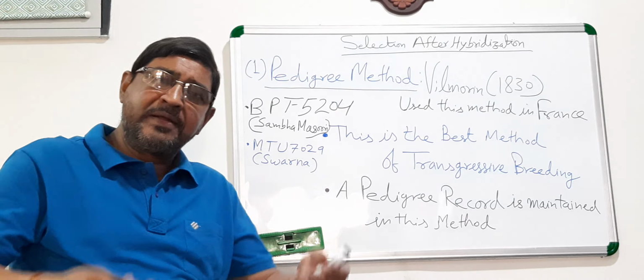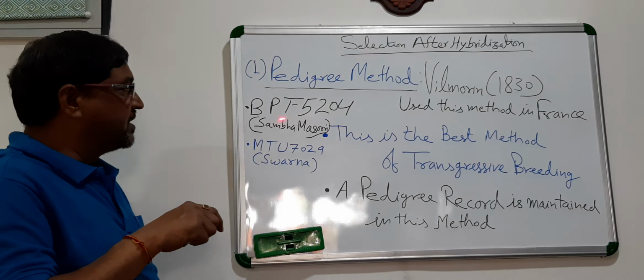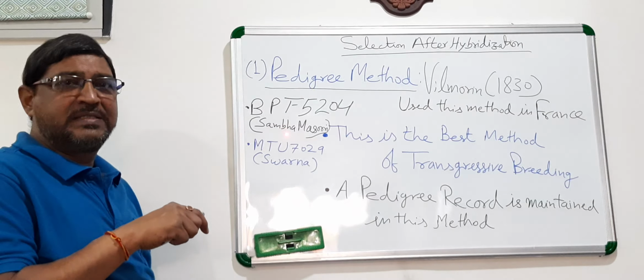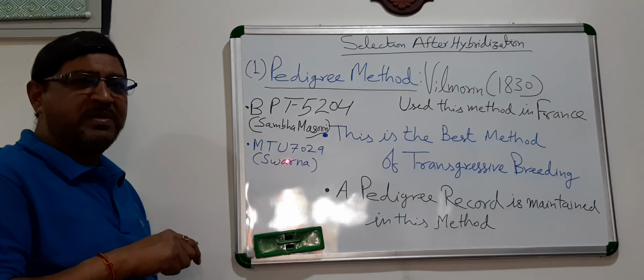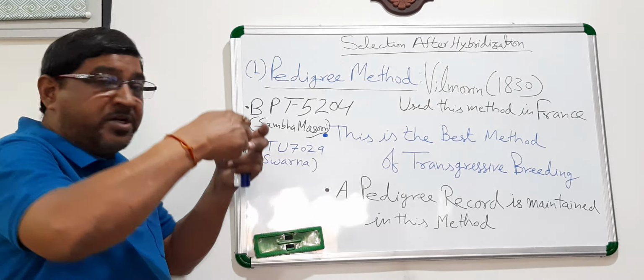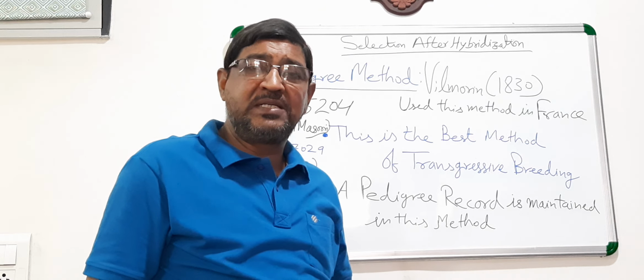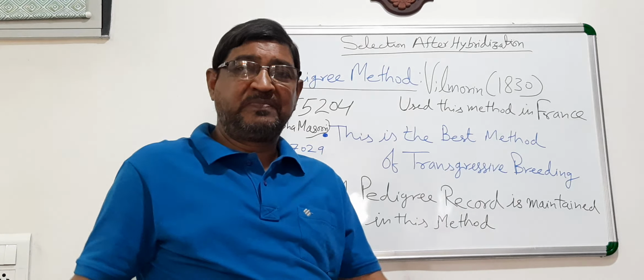the same yielding potential but reduced duration of maturity. Say for example, this is taking 145, 150 days in maturity, and this is taking 150, 155 days in maturity. So can we reduce the duration of these two varieties with the same yielding potential? This will be very popular among the farmers.